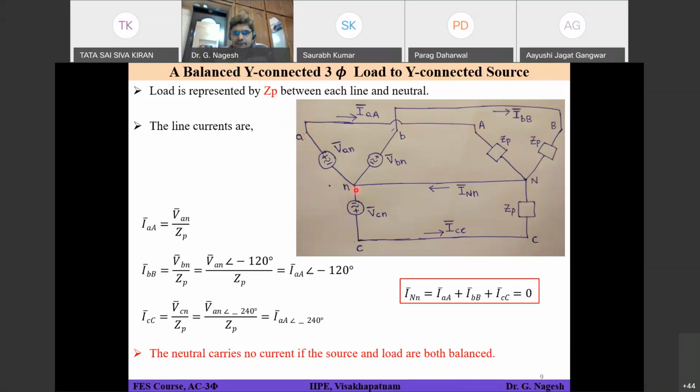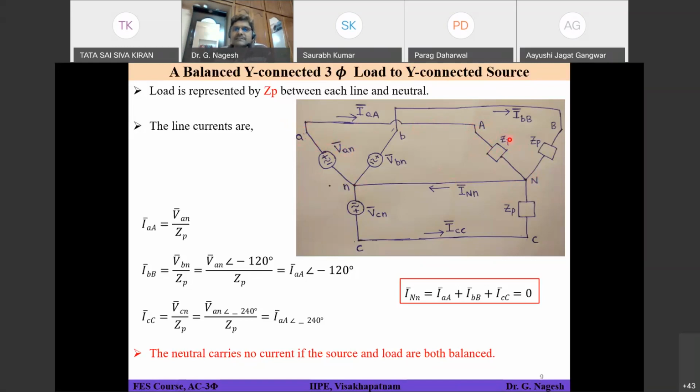Sir, one doubt, neutrals are also connected, and we are assuming zero impedance even for the neutral wire. Right. So that means VAN at the source is same as capital VAN at the load. Same voltage is appearing across this impedance ZP. So what will be the current?